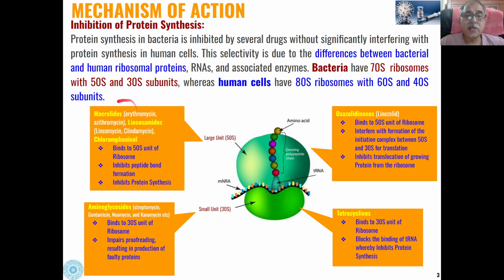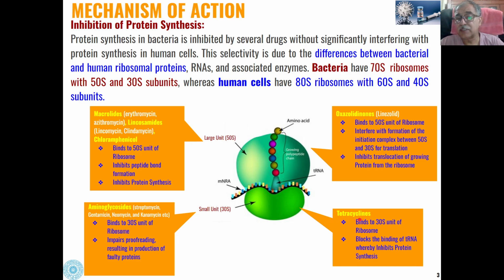Whereas macrolides, lincosamides, chloramphenicol and oxazolidinones act on the larger subunit, thereby inhibiting protein synthesis there. Now, each category of these antibacterial agents acts differently on each subunit.